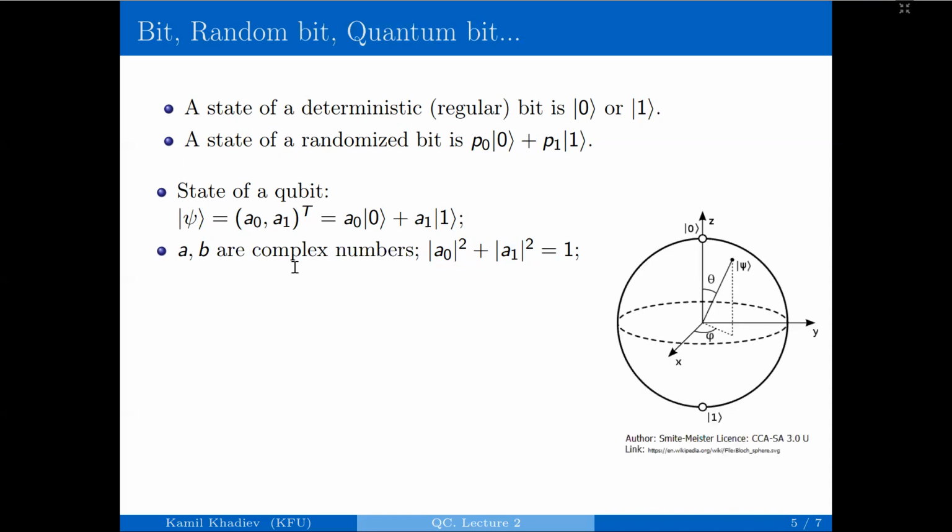Why do we get this formalization of the state of a quantum bit? Because one of the main models of a quantum bit is some sphere that is a model for an electron or an ion.